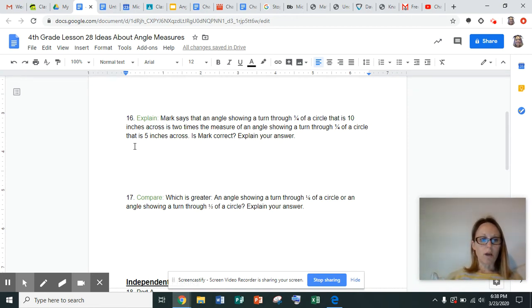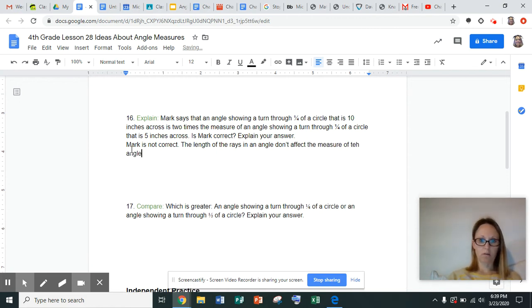So we're going to go ahead and write our answer together of what we just talked about. So Mark is not correct. The length of the rays in an angle don't affect the measure of the angle.